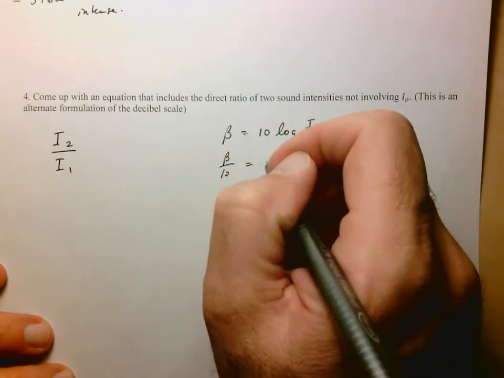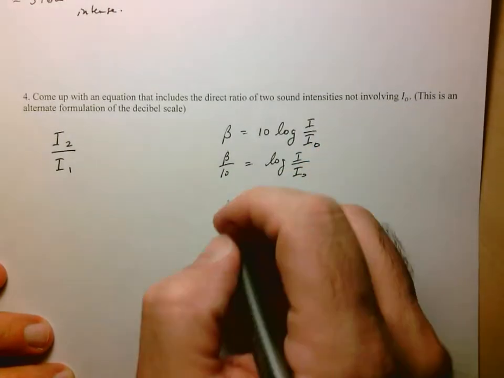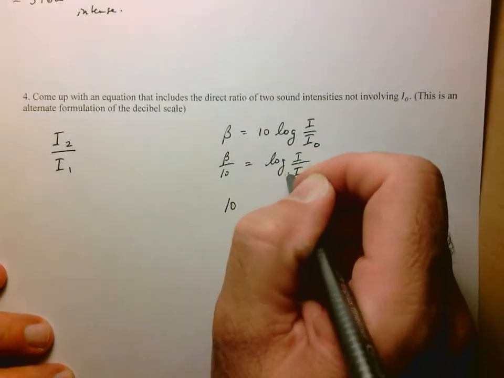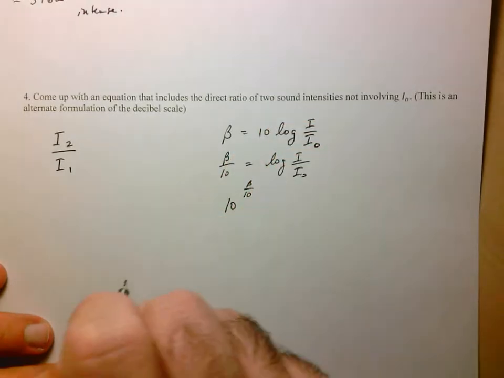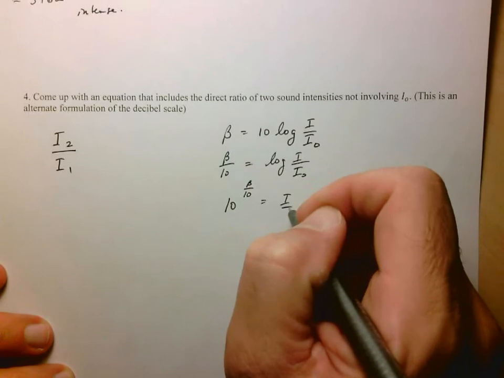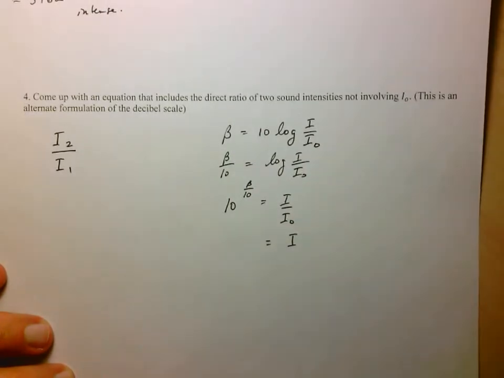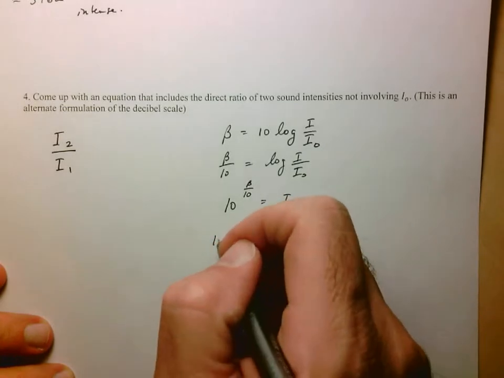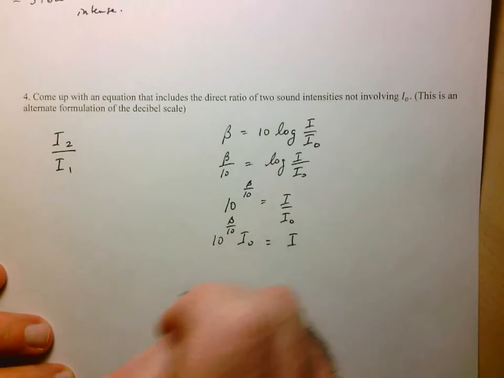So that's equal to log of I over I0. And then we take 10, which is our base, to beta over 10, which is our exponent, is equal to I over I0. And so that means that the intensity of the sound can be written as 10 to the beta over 10 times I0.